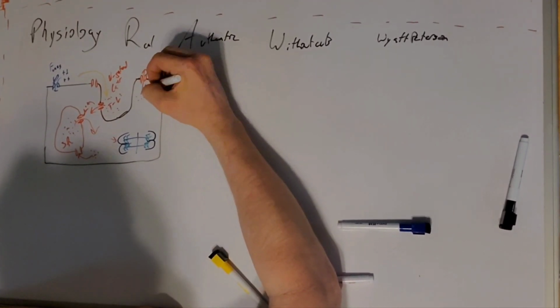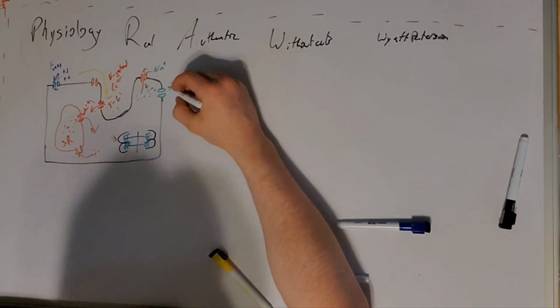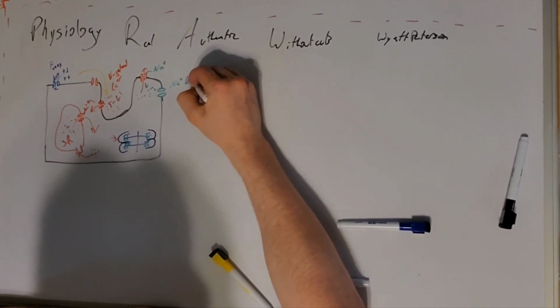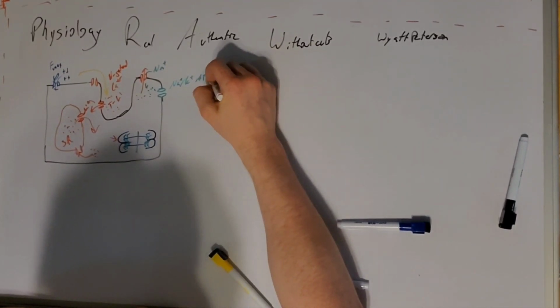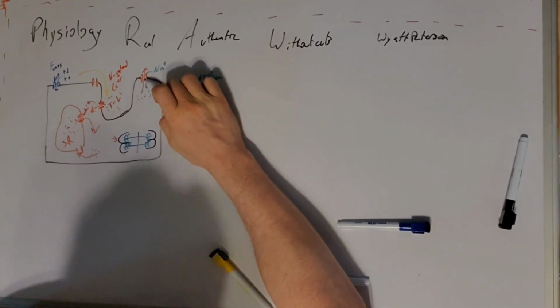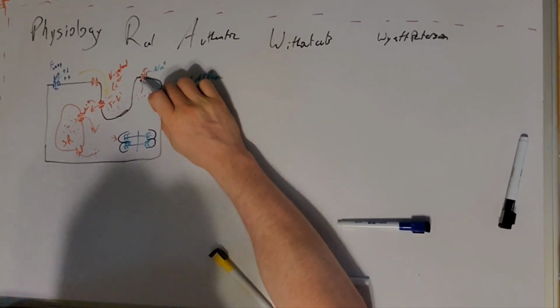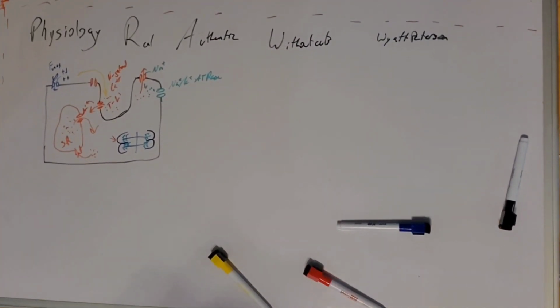Sodiums will come back in, and of course this is just representing the sodium potassium ATPase pump. So any sodium that is pumped in using that antiport will be pumped back out through the sodium potassium ATPase.